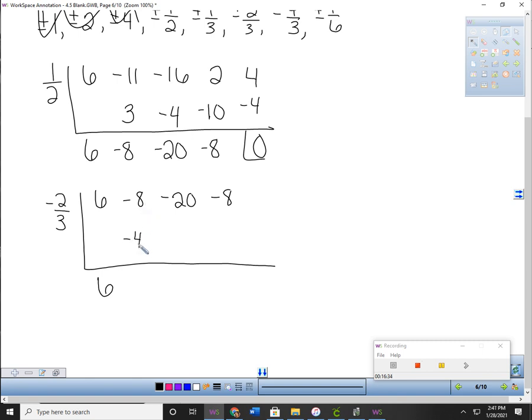Negative 8 and negative 4 make negative 12. Negative 12 times negative 2/3 gives me a positive 8. Negative 20 plus 8 is negative 12. Negative 12 times negative 2/3 is positive 8, and that gives me my remainder of 0.